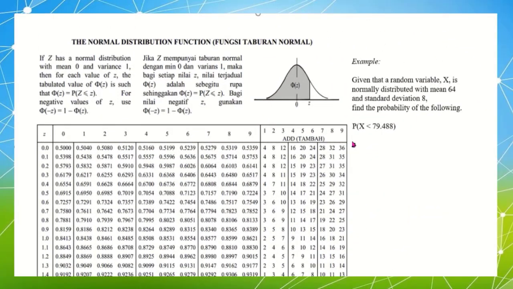Now I'm going to show you how to use the table. Now here, for example, given that a random variable x is normally distributed with mean 64 and standard deviation 8. Now I want to find the probability where x is less than 79.488.